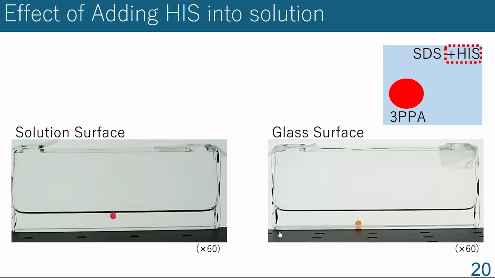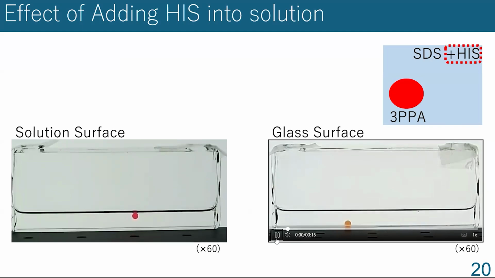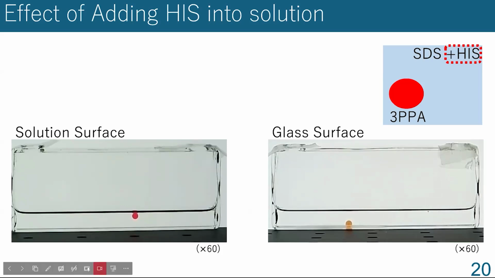On the glass surface, the 3-PPA is moving, and it is very difficult to see, but sometimes it makes white turbidity around the droplets. So this is the combination of propulsion and reaction.